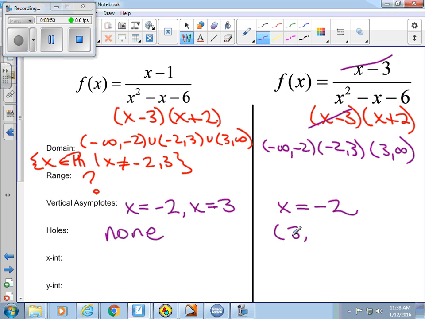Good. Plug it in where? Into the equation. Into the equation after the hole has been canceled. Because what we're wanting to find is where would it be if it could be there? We know it's not. We know it's a hole. But where would it be if the x minus 3's weren't there? And so would you agree this function reduces to 1 over x plus 2? Mm-hmm. So 1/5.